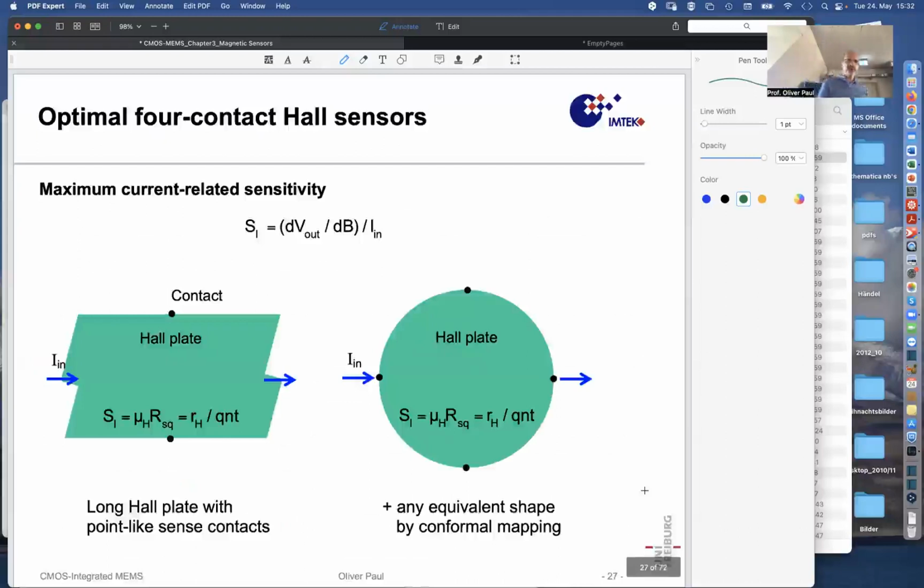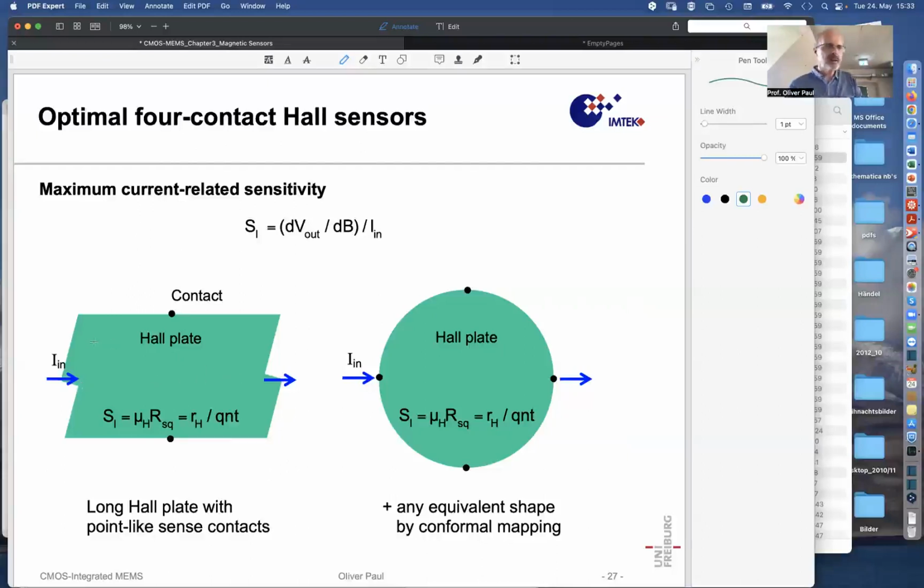Now, let's look at optimizations. It is clear that optimization with respect to SI and SV will be totally different. I'll no longer talk about the absolute sensitivity. In the SI case, the long Hall plate is actually good. So what does it mean?